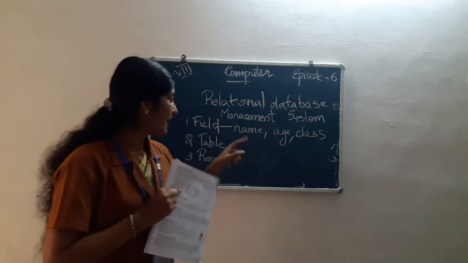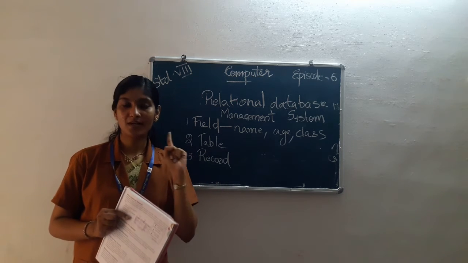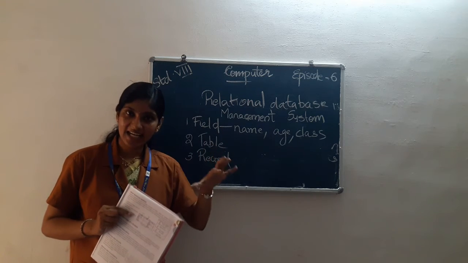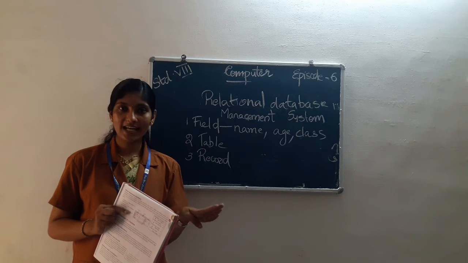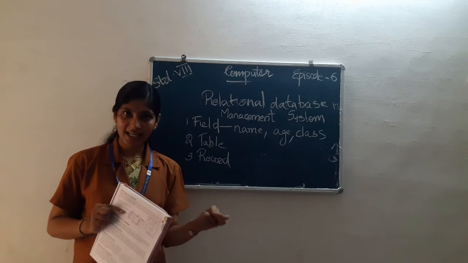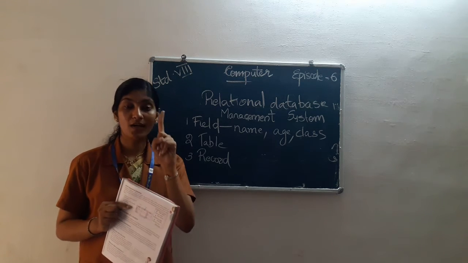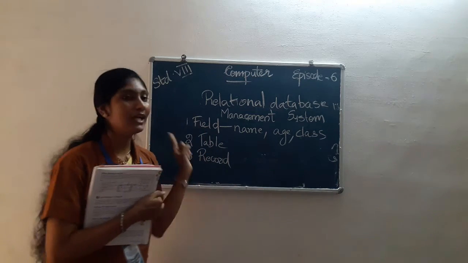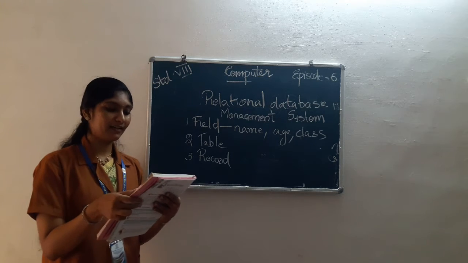That means name contains only the names of the students. Age contains the age of the students. Class contains the class of the students, not any other details, only one piece of information.